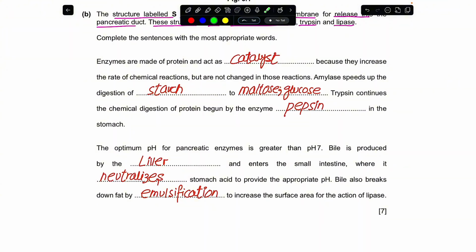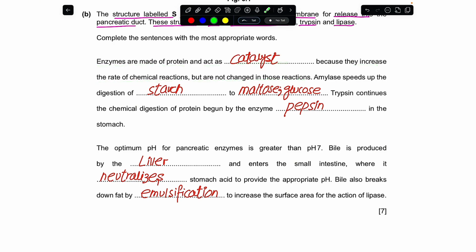So they gave the blanks for a total of 7 marks, where we were required to complete the sentences with the most appropriate words. The first statement is simply in terms of the general nature of enzymes, and they say that enzymes are made of protein and act as dash because they increase the rate of chemical reaction but are not changed in those reactions.